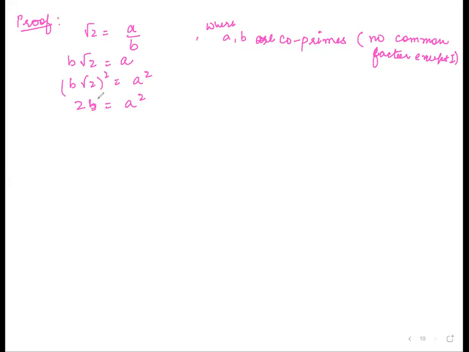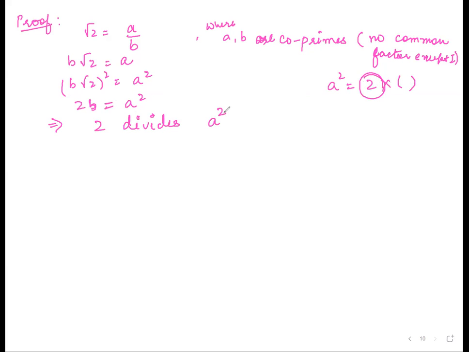So that means 2 will divide a square, and I can bring this 2 in the denominator. Basically, a square is equal to 2 into some number. So 2 is always one factor of a square. That means a square is always divisible by 2. Understood? So this implies that 2 divides a square.